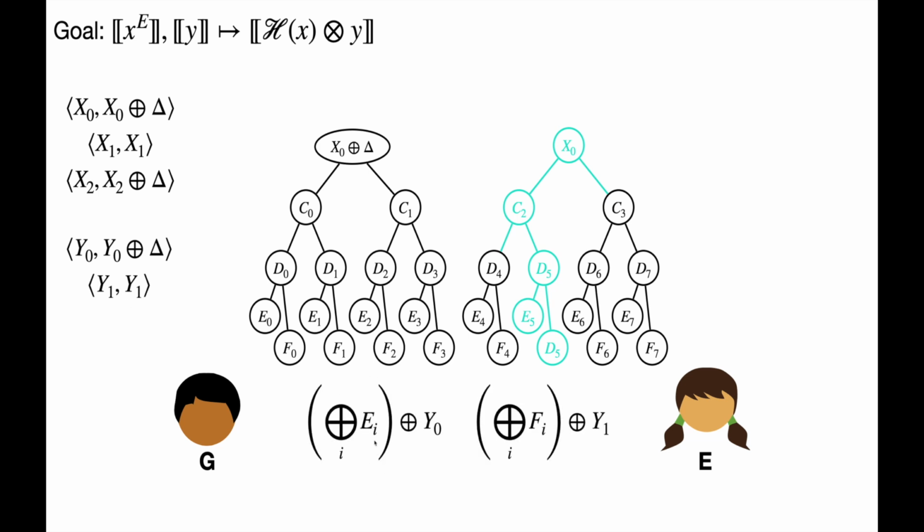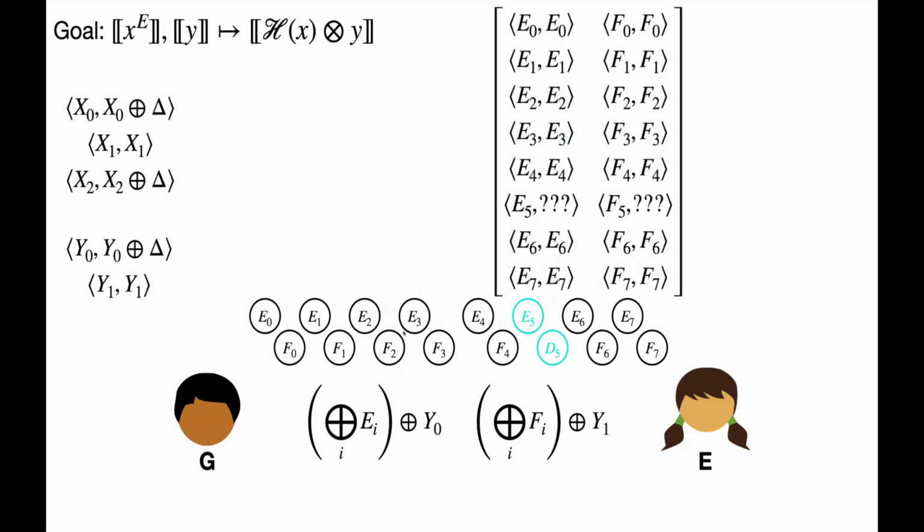Now, G sends the following per-bit summations. Notice that rather than attaching delta, G instead attaches his values y0 and y1, respectively. Just like before, E can use these summations to construct valid shares for the above missing slots. For example, E can subtract the label she already knows from this summation to compute the value E5 plus y0.